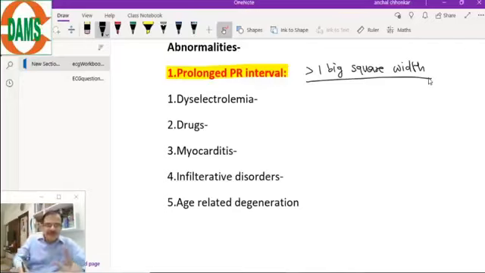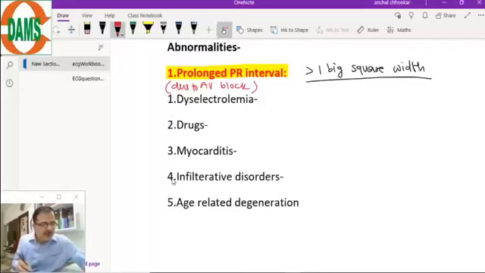And why will it be prolonged? There is only one reason. Prolonged causes will be AV blocks. Due to AV block, the AV node is blocked, the conduction is slowed down, so it will increase the PR interval.